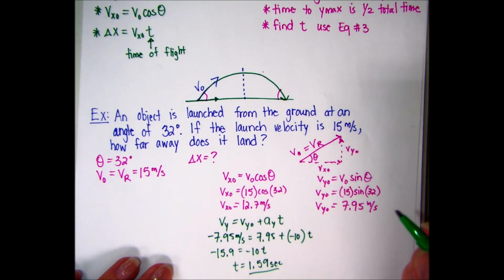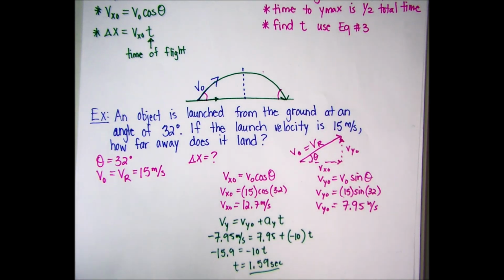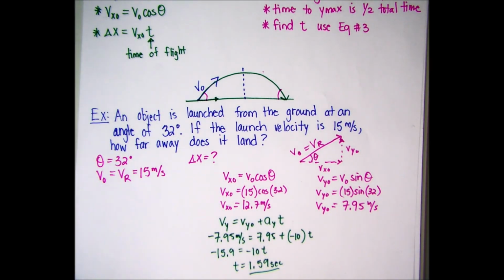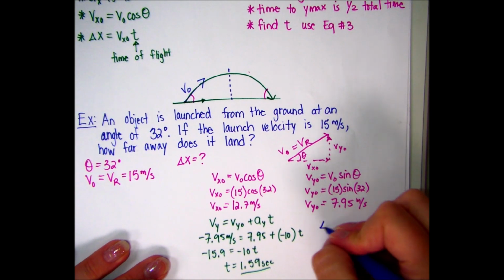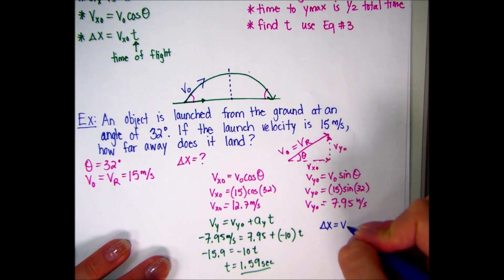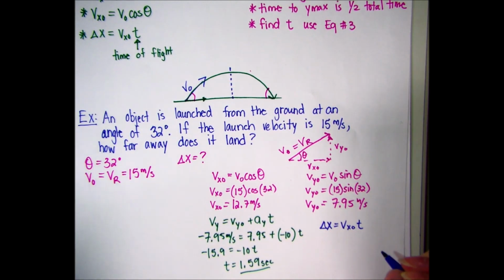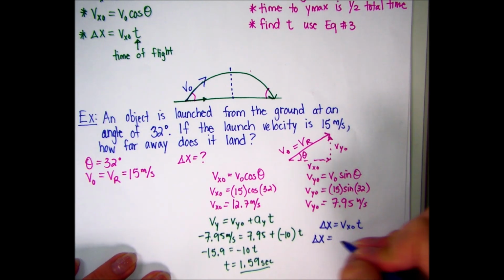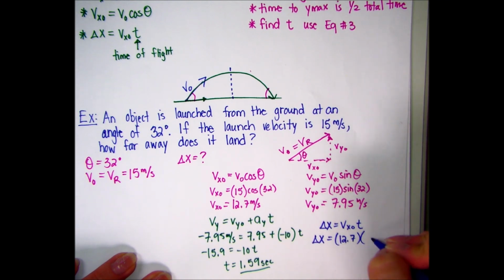Once you get to that point, now we can solve for what's actually being asked for in the problem, which is your delta x. And we have that one very fancy equation, the only equation for the x direction. Remember to make sure you plug in the correct values.